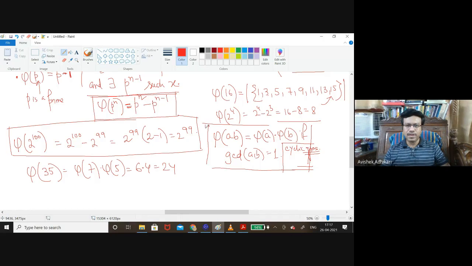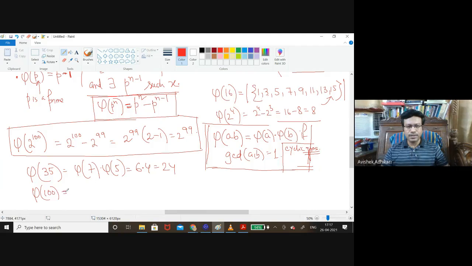The proof using number theory is much bigger. But if you apply the group theoretic technique, then your proof is very easy. Maybe within 3 or 4 lines you will be able to prove this, but you need to apply a few results of group theory.